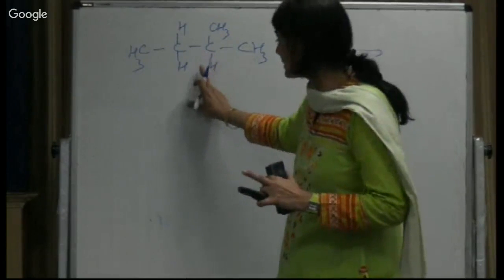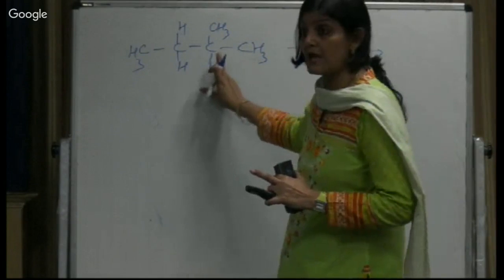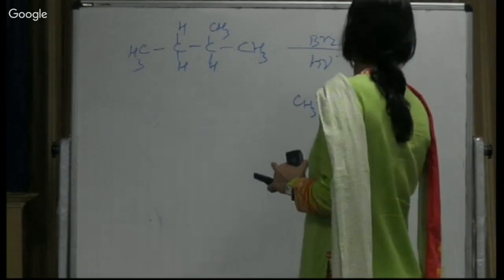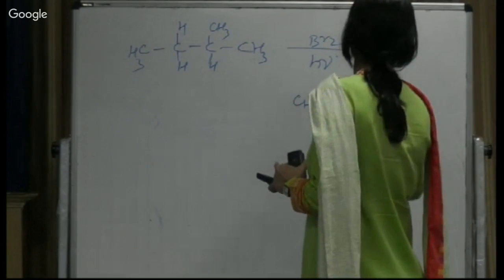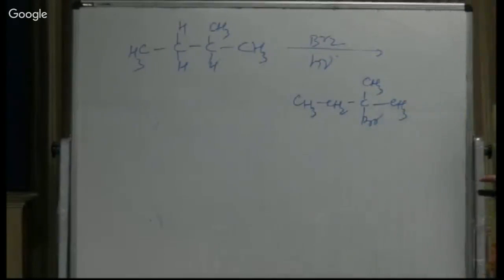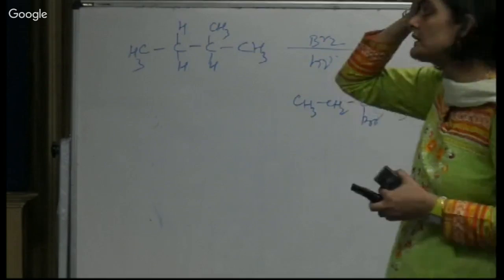So the tertiary hydrogen will be replaced and the major product will be 2-bromo-2-methyl butane, and that will be option number B. Right? Okay. Let us go to the next reaction.